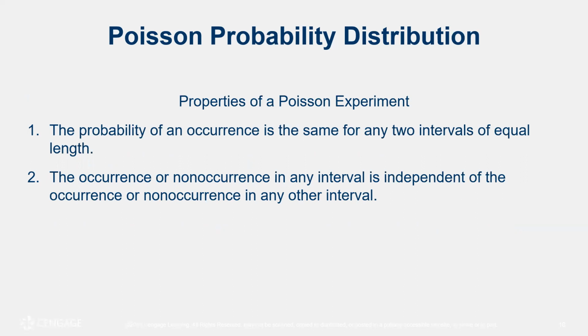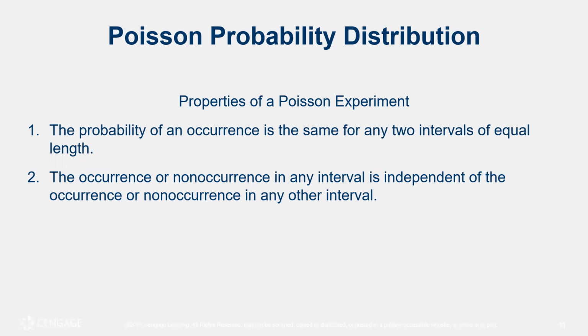Again, sometimes I feel like these things they give you are more confusing than they are helpful. Except maybe number 2 is important to consider: the occurrence or non-occurrence in any interval is independent of the occurrence or non-occurrence in any other interval. So again, all we're saying is success or failure, occurrence or non-occurrence within the interval is independent.